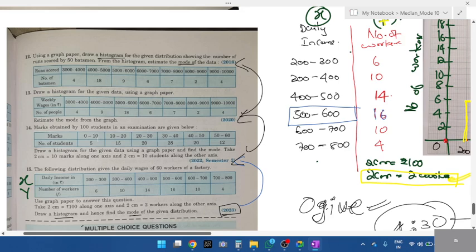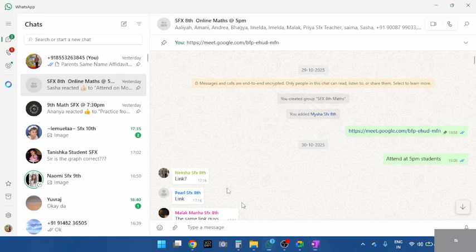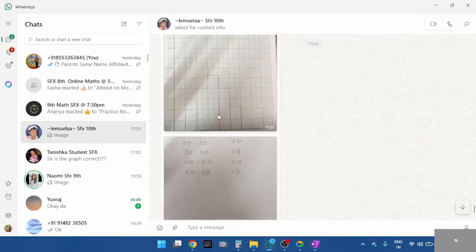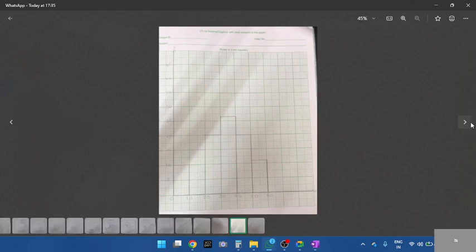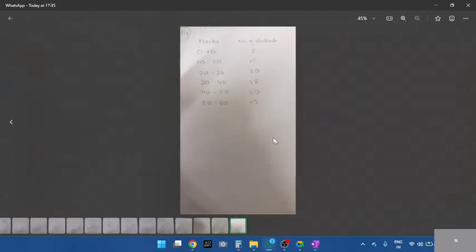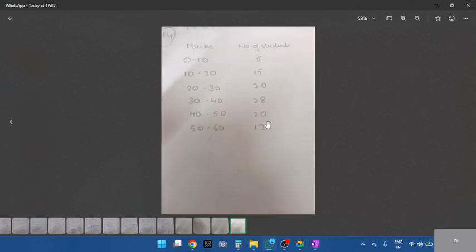0 to 10, continuous, 10 to 20, 5, 15, 20, 28, 20 and 12. 5, 15, 20. Whose graph is this? 5, 15, 20, 28, 20.